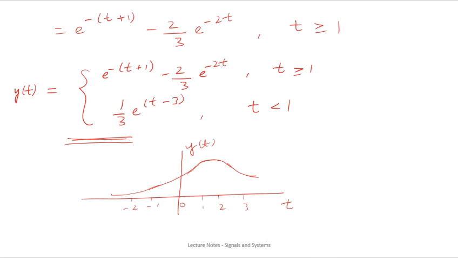Let us now try to solve one more problem based on convolution.